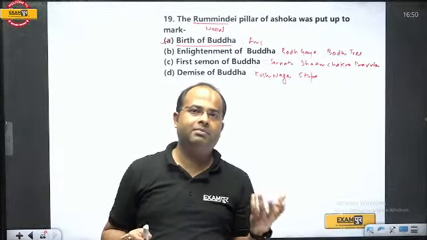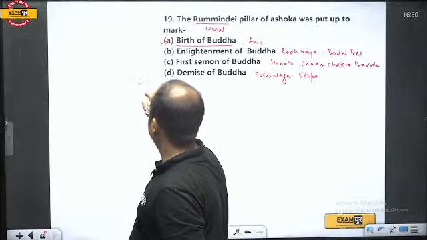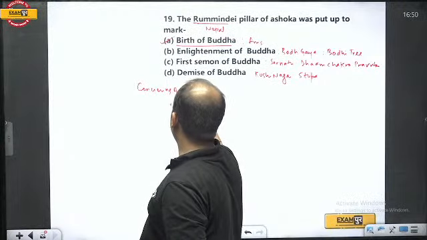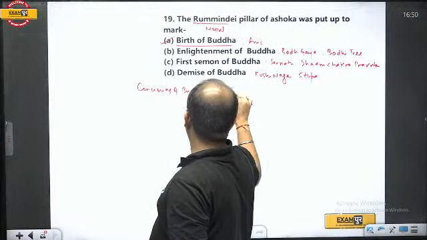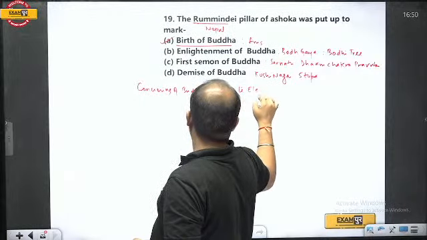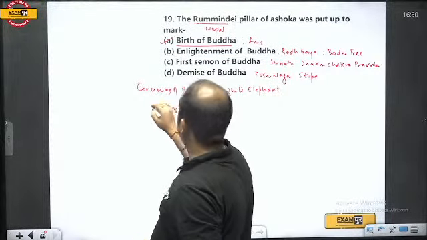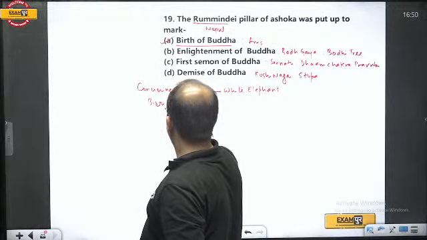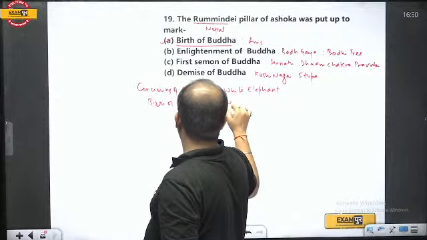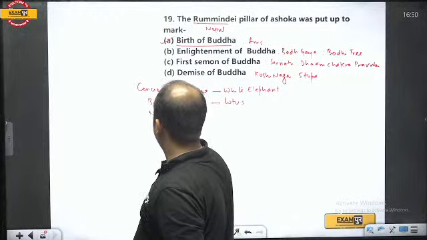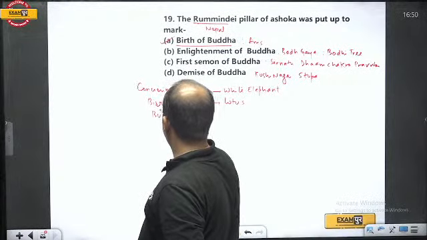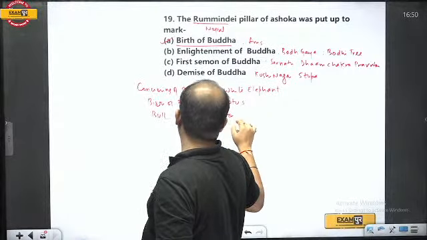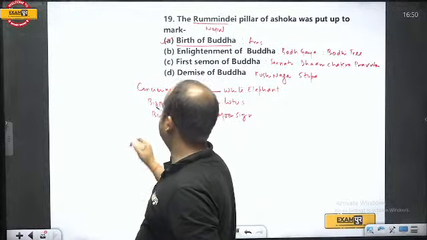It is said that the symbol of the conceiving of Buddha is the white elephant. The birth of Buddha is symbolized by the lotus. Then the bull is considered the zodiac sign or moon sign of Buddha, the Rashi of Buddha.